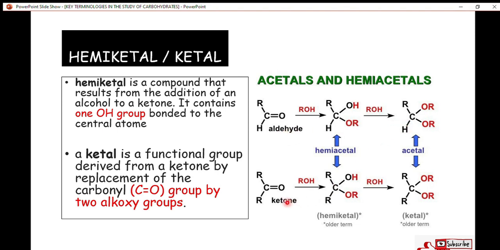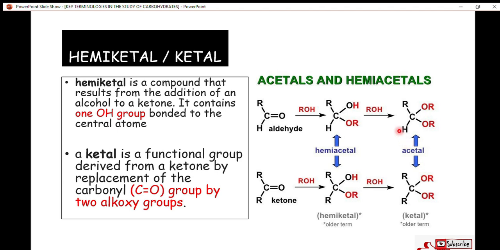It's the same way as converting a ketone into a ketal. So ketal and acetals have the same reactions. It's just addition of two alkoxy groups to a ketone to get a ketal group and to an aldehyde to get acetal groups. So these are the definitions that you have to pay attention to.